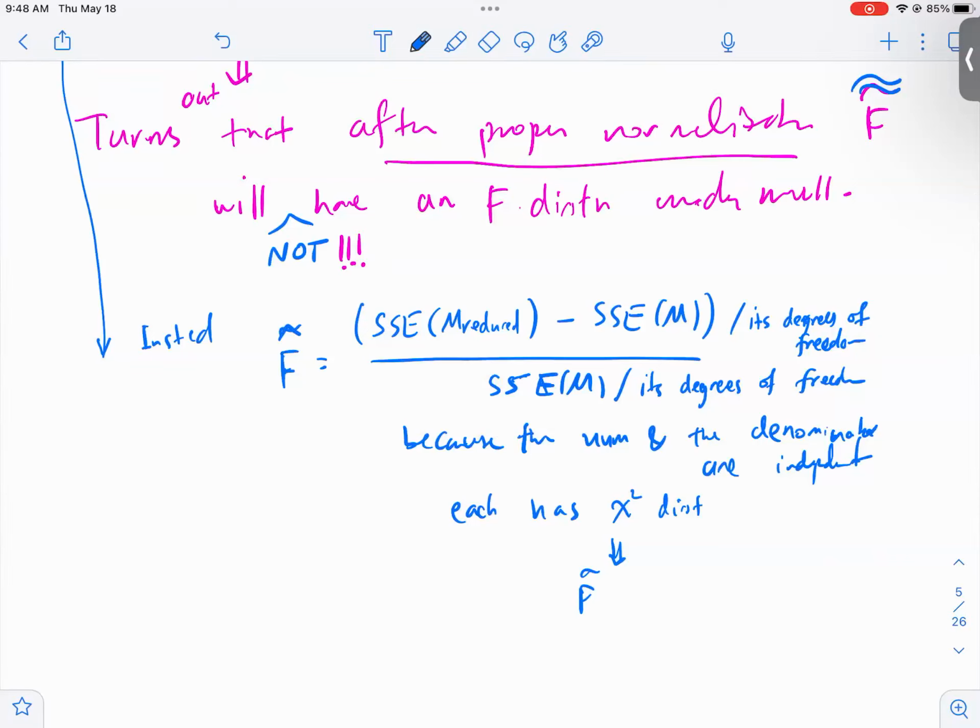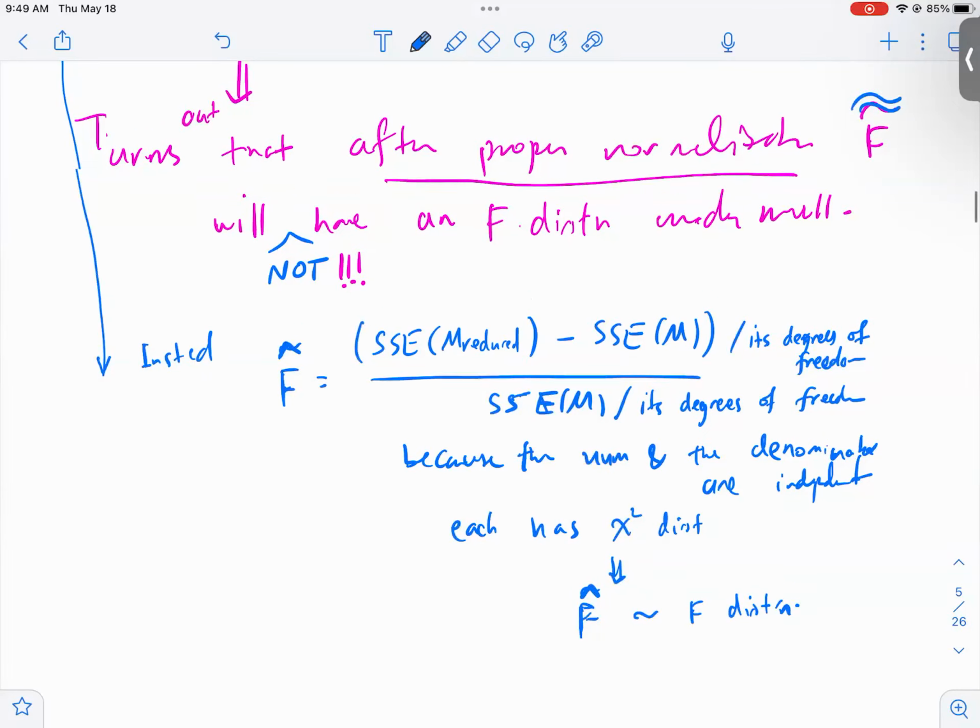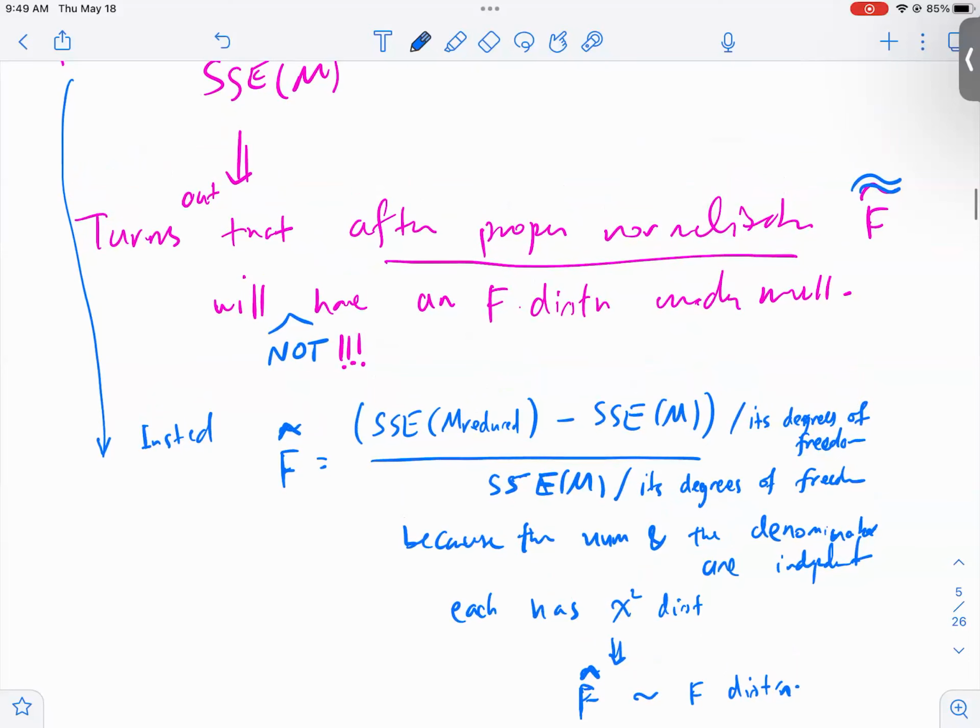This is not going to be F hat for me. We'll have an F distribution. So this motivates us to look at this differently.